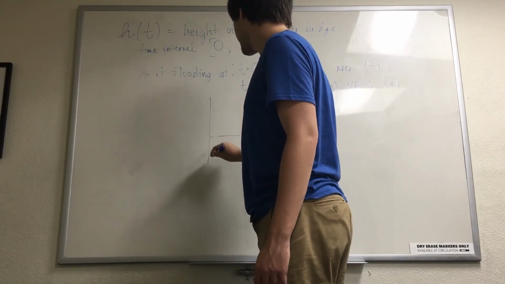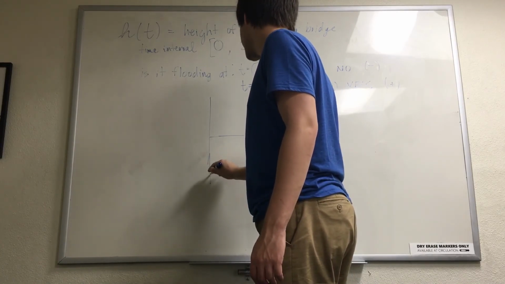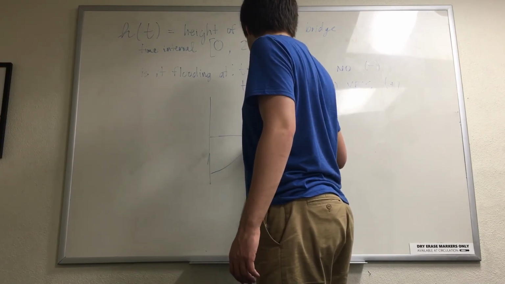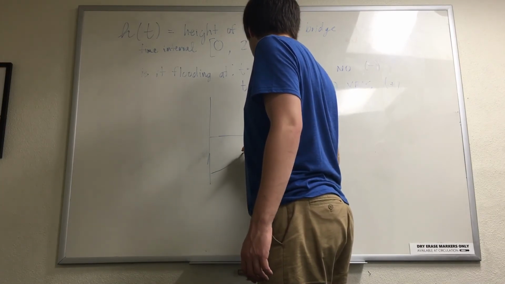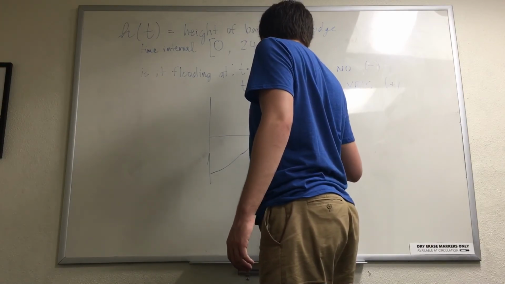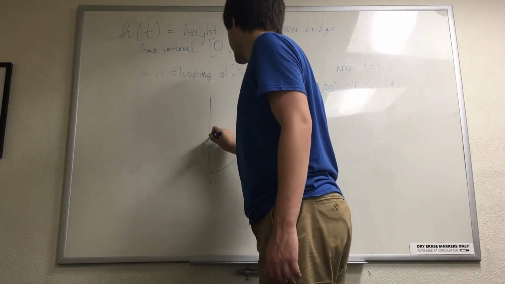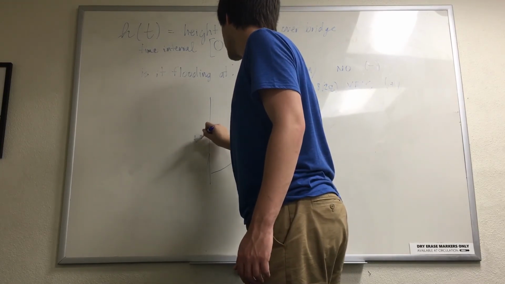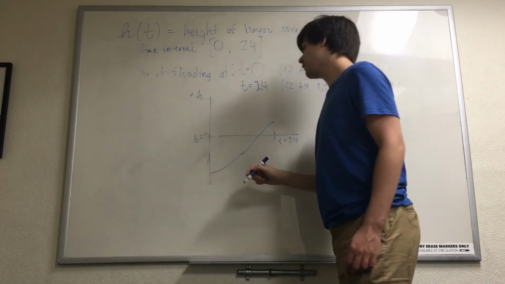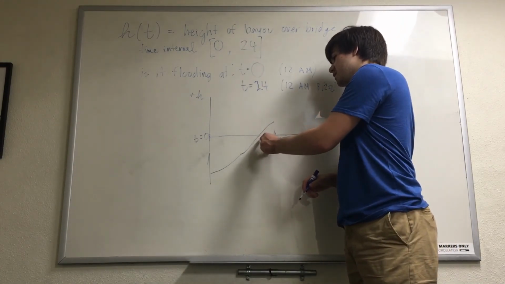But let's say that this somehow is some true curve that we knew, where between 0 and 24, we know that it did flood at some point.